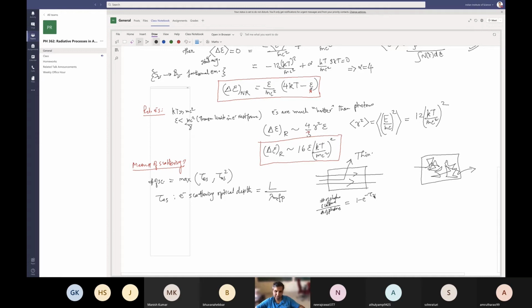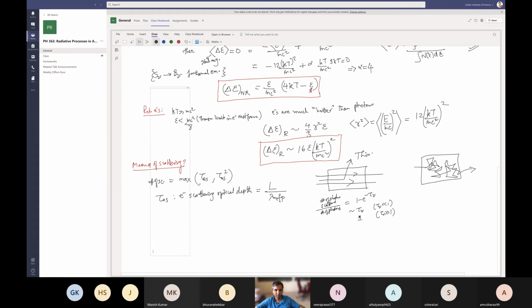So when tau nu is much bigger than 1, all of the photons are scattered. When tau nu is small, this becomes 1 minus tau nu. So this sort of goes like tau nu and 1, when tau nu is much less than 1 and tau nu greater than 1.